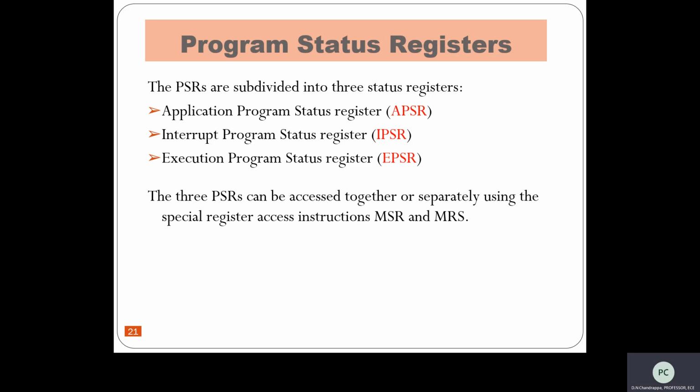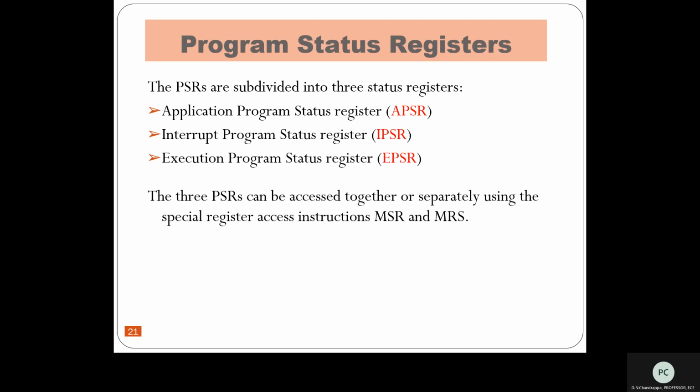So these three registers' roles are very important in any program. Each register also has bit configurations. Some bit status set and reset operations I am going to discuss in a future slide.